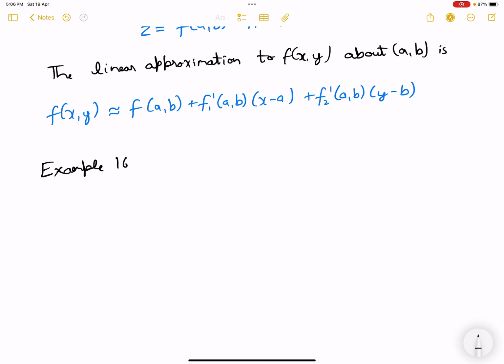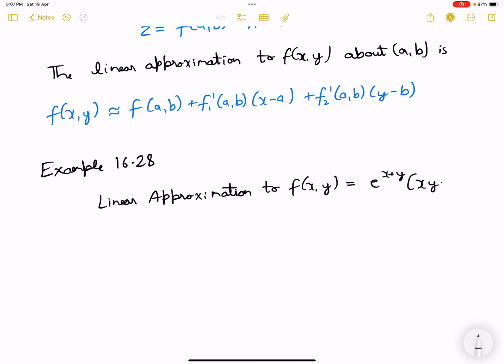So example 16.28, find the linear approximation to the function f(x,y), which is given as e to the power x plus y times (xy minus 1), about (0,0).